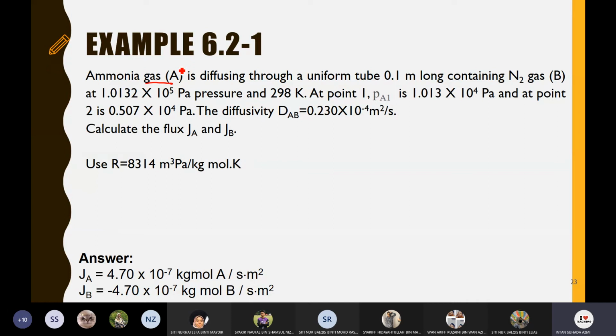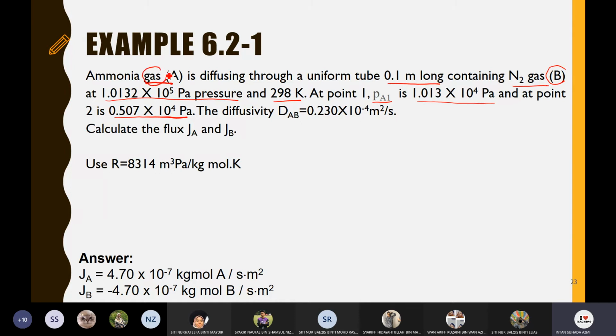You have ammonia gas A diffusing through a uniform tube of 0.1 meter long containing nitrogen gas as B at 1.0132 Pascal pressure, temperature 298. At point 1, PA1 is given, and at point 2, PA2 is given. The diffusivity DAB is also given. Then you are asked to calculate the flux of JA and JB.